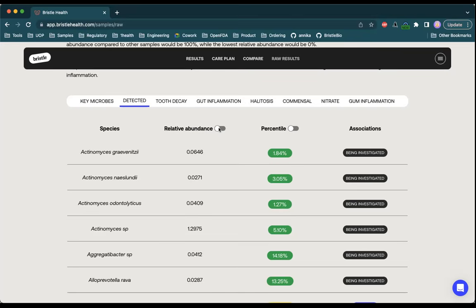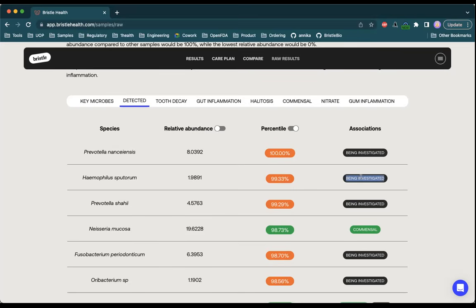You can sort them by the relative abundances. You can sort them by how high they are compared to everybody else. So just for instance, I have the highest abundance of Haemophilus sputorum compared to anybody else in our database. Well, less than 1% of the people in our database. So I have a very high level of this. What does that mean for me? I don't really know yet because it's being investigated.